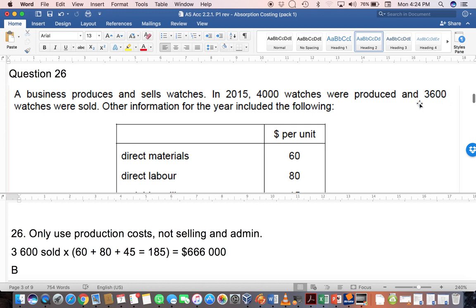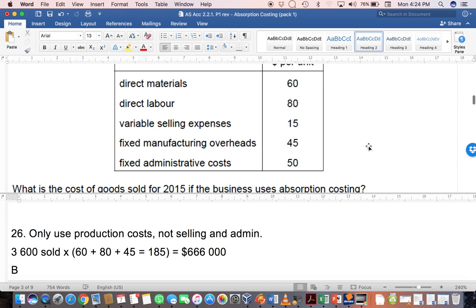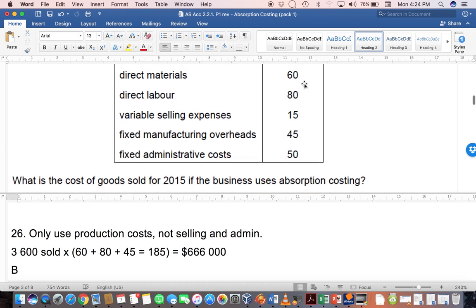Now, remember that I said to you, we only want to consider the 3,600 units that are sold. And so therefore, if we're using the absorption costing, we are going to use the 60 materials plus the 80 for labor plus the 45 for manufacturing overheads. And because we are using absorption costing, we can take the per unit amount over here and factor that in.